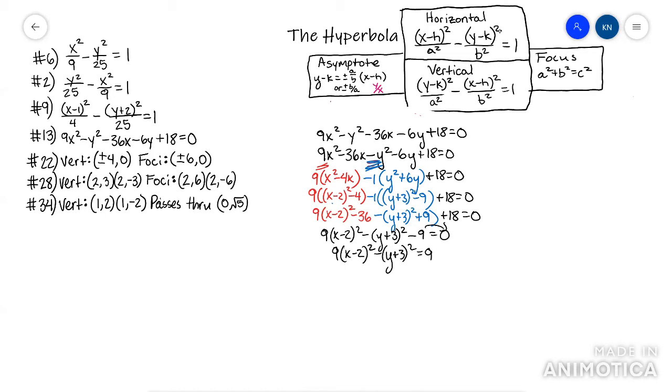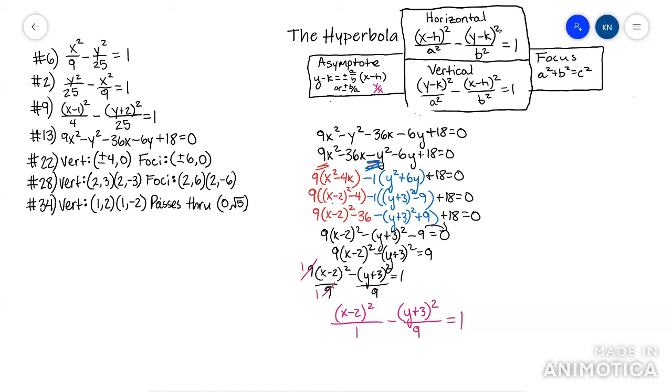Well, I'm going to have to reduce. So hold on. Okay, I would get here, and then I would reduce like 9 over 9 to be 1 over 1. So because you want a 1 right here, you don't want a lead coefficient there. So final answer would look like this. X minus 2 squared over 1 minus y plus 3 squared over 9 equal to 1.